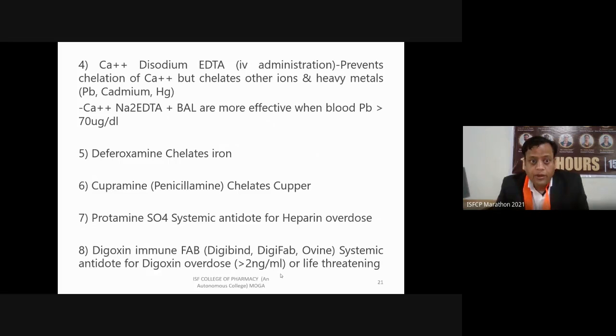When calcium disodium EDTA and BAL are given together, it is very effective when the blood has a higher amount of lead toxicity. If the blood lead is greater than 70 micrograms per deciliter, it can be treated by the combination of calcium EDTA and BAL.